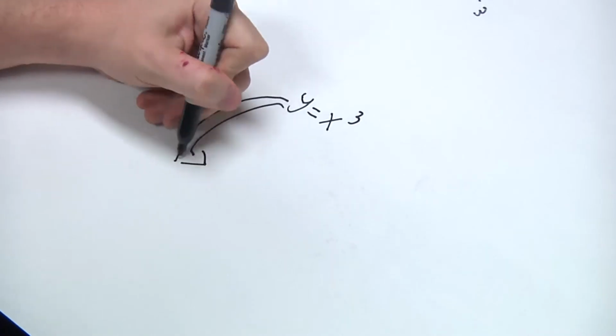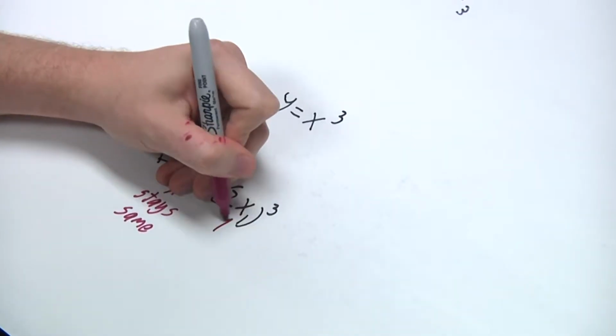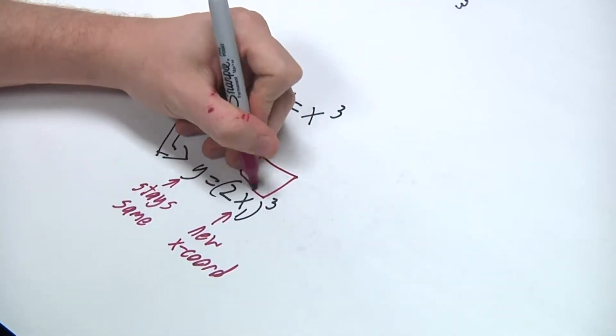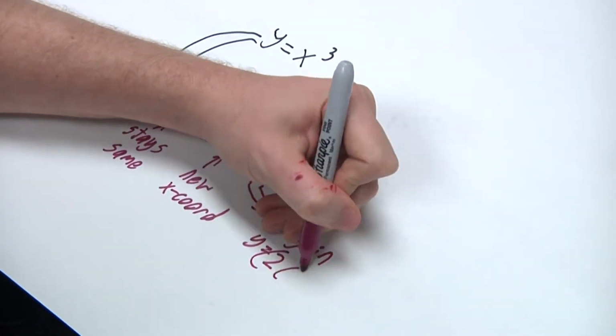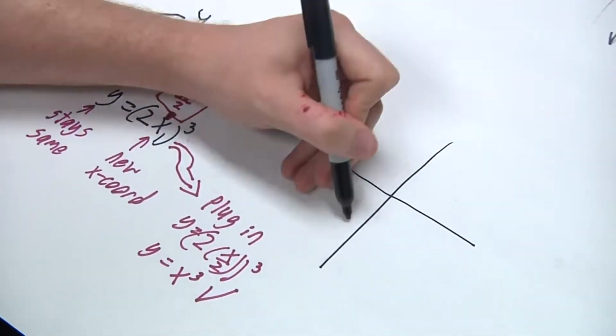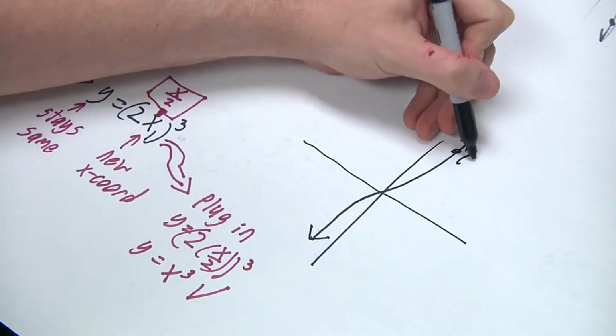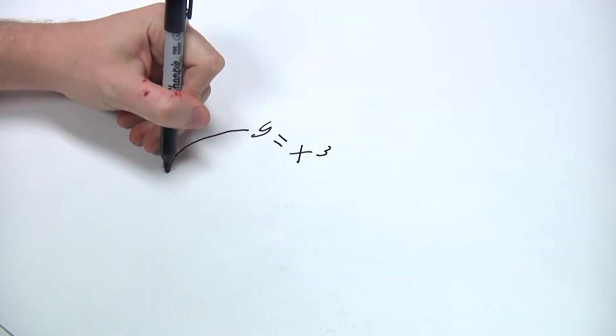How about y equals (2x1) cubed? What does x1 need to be in order for the equation to remain the same? x over 2. If you plug in x over 2 instead of x1, then the equation would immediately simplify to y equals x cubed. In other words, we have a horizontal compression to half the width.